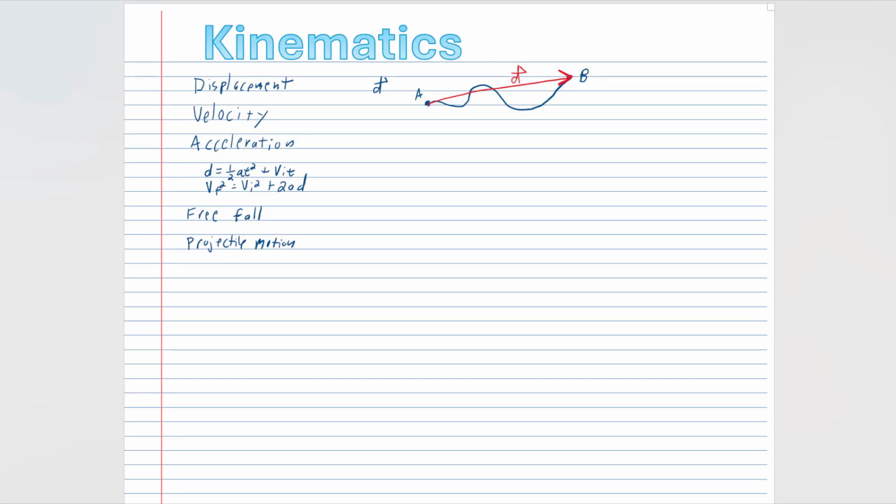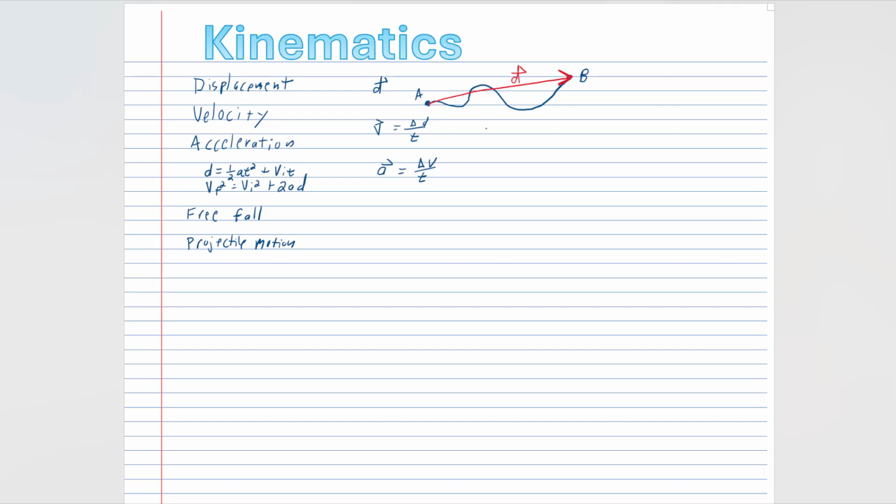And now velocity is just the change in displacement with respect to time. So my velocity vector is just a change in displacement with respect to time. And then acceleration, change in velocity with respect to time.